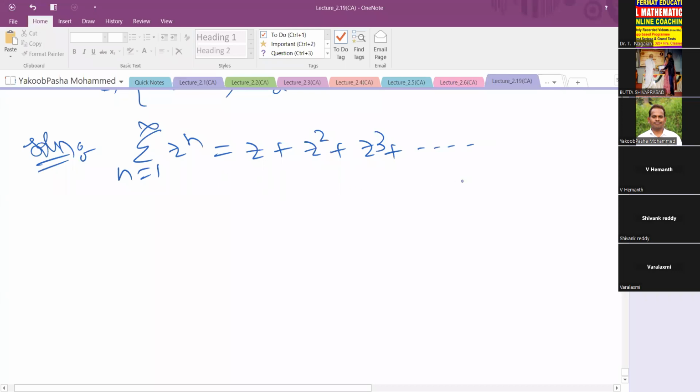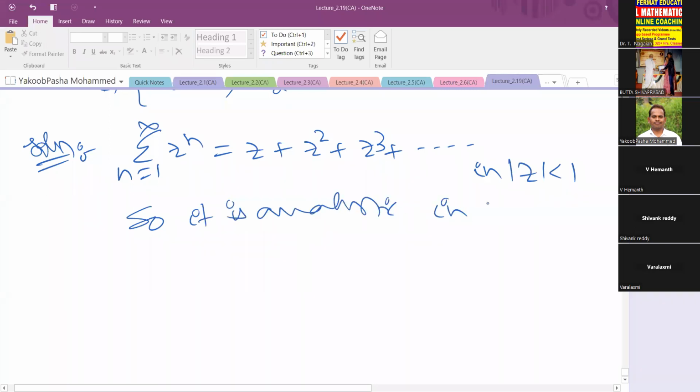This is valid in modulus of z less than 1. That means the function is a polynomial. It is a polynomial means it is analytic. So it is analytic in modulus of z less than 1.